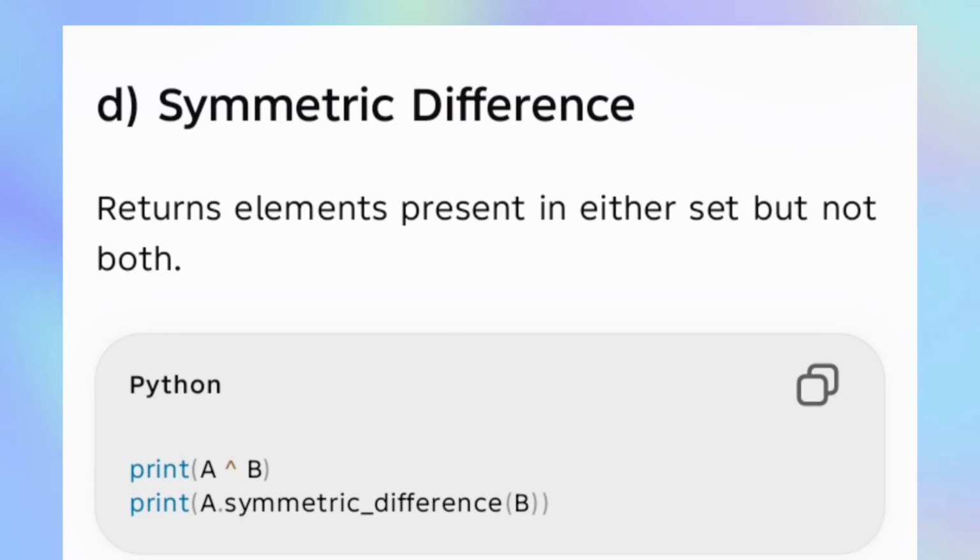Symmetric difference returns the elements present in either set but not in both.